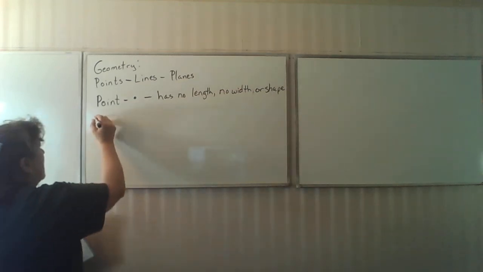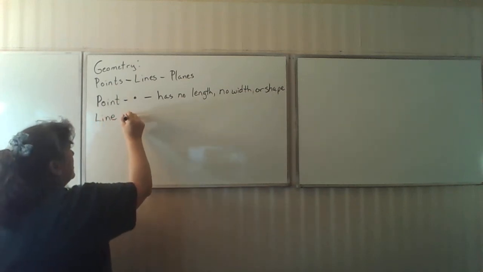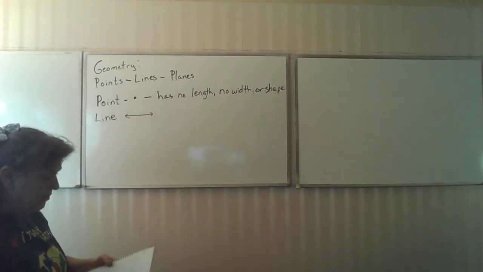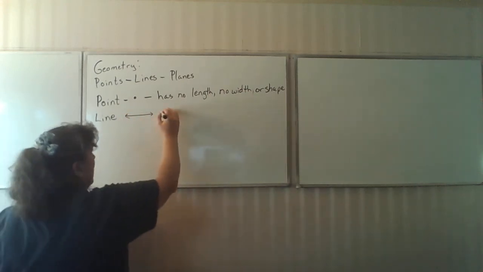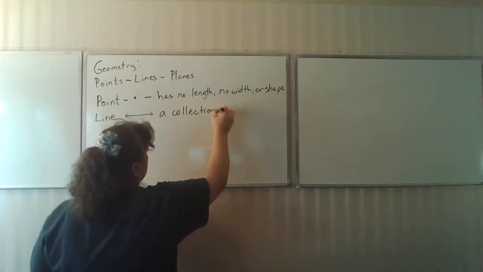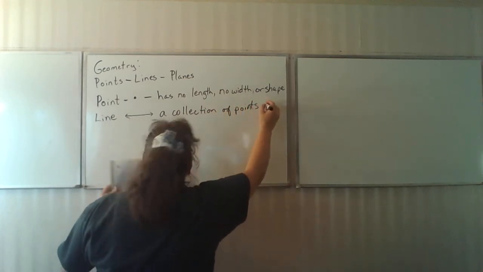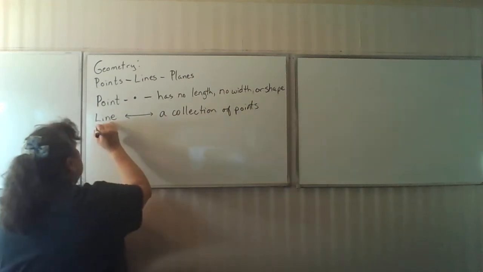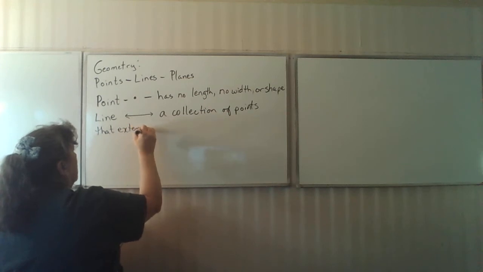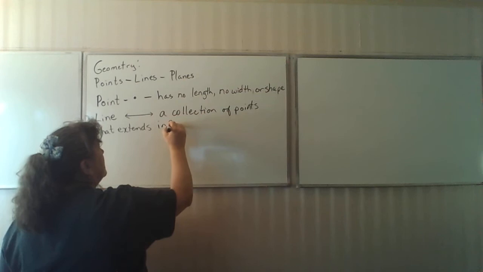Okay, what is a line? A line, we usually draw something like this to indicate a line with two arrows on each end. And it is a collection of points that extends infinitely in opposite directions.